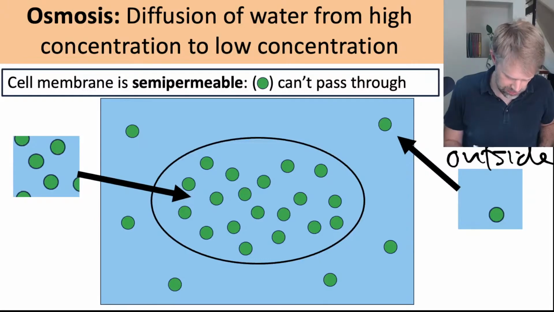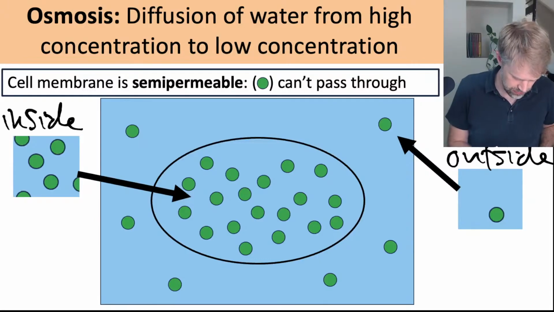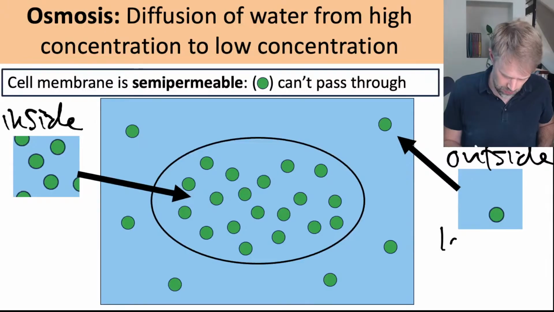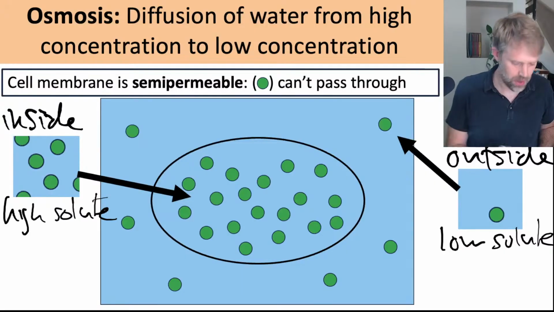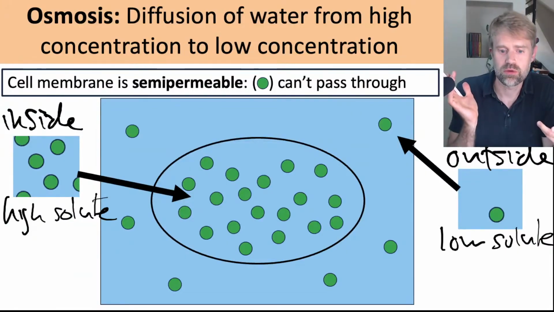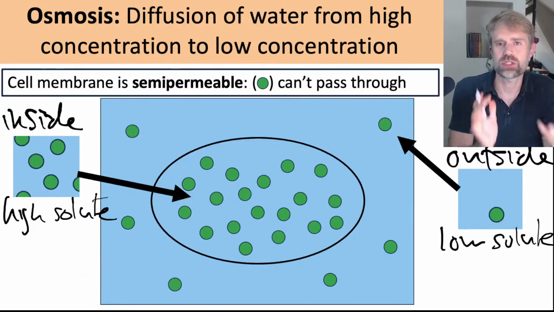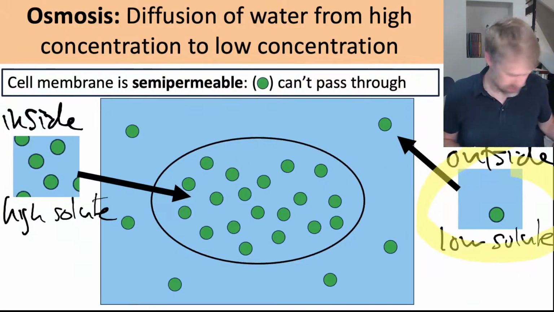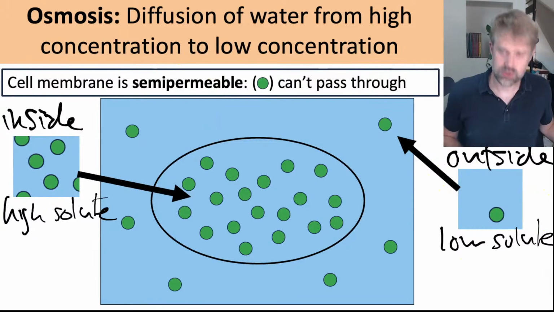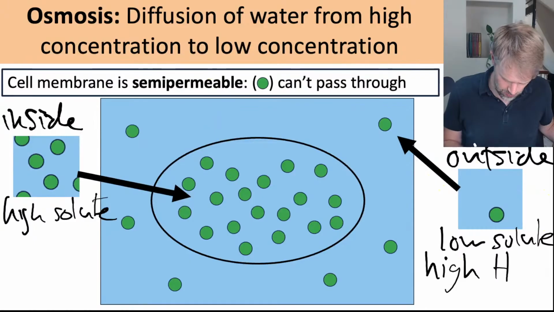Outside the cell, inside the cell. Outside here, we have low solute concentration. Inside, we have high solute concentration. Now, what about the water concentration? On the outside of the cell, is it a high water concentration or low? This is going to be high water concentration because just look at all this blue.